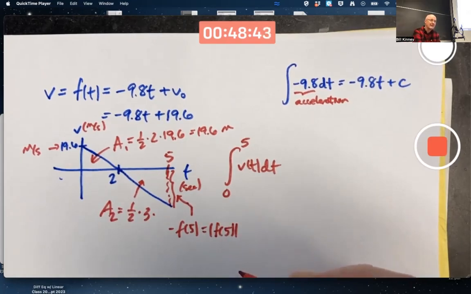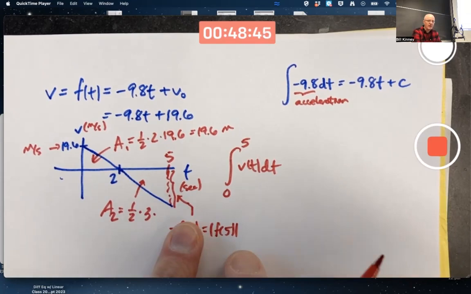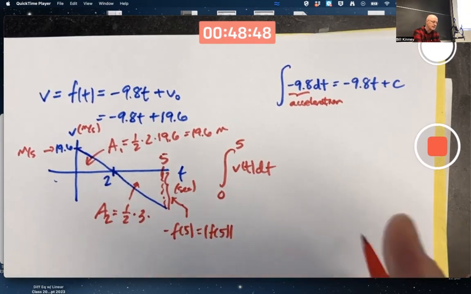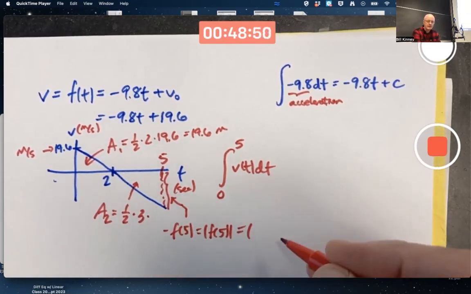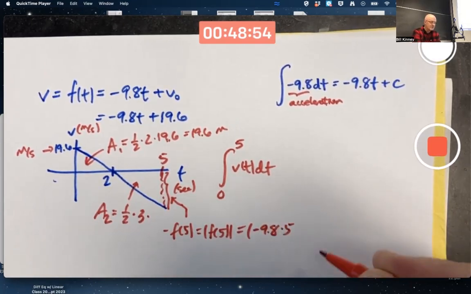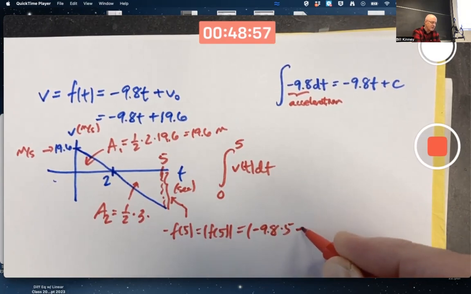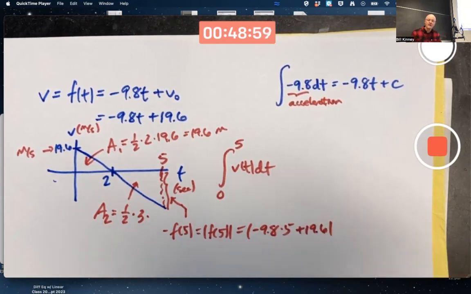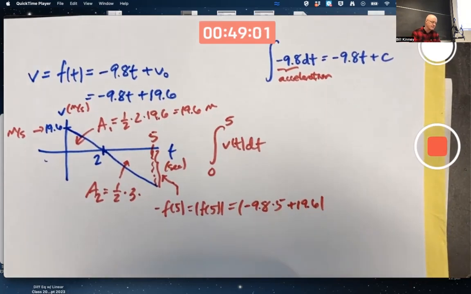Either way is okay. In general, it might be less confusing to use the absolute value signs. Okay, let's do it the less confusing way. Absolute value of negative 9.8 times 5 plus 19.6. I'm just plugging 5 into the function.